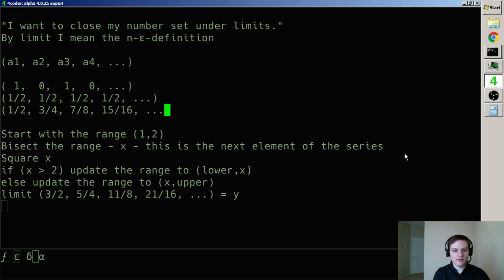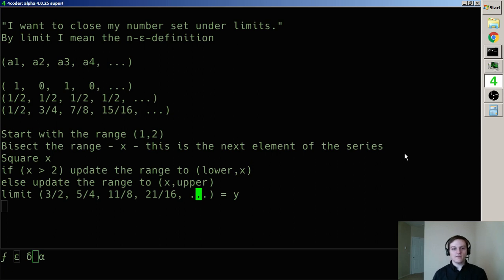So there's a series that is converging in the standard sense, not just all 1/2, but in the standard sense it's converging on the number 1, and no two elements in the series are equal to each other. Same thing here, no two elements are equal, but they're getting closer and closer to some number, but that thing they're getting closer to isn't a rational number.